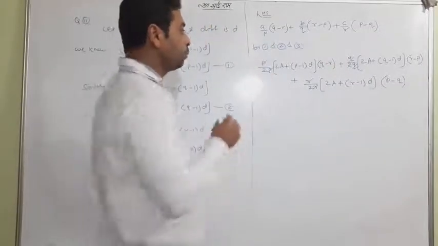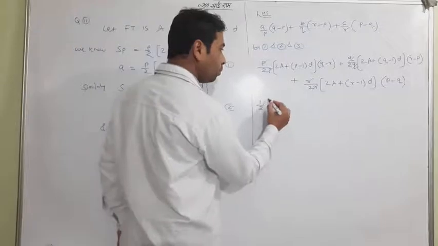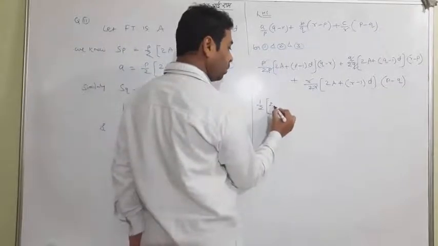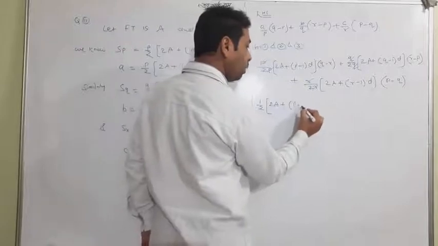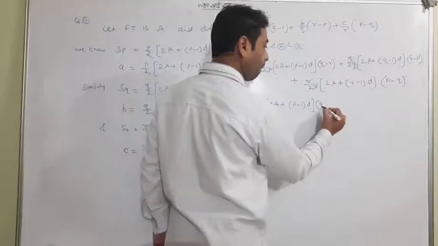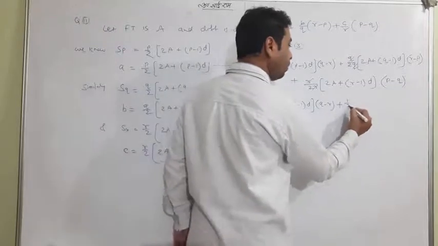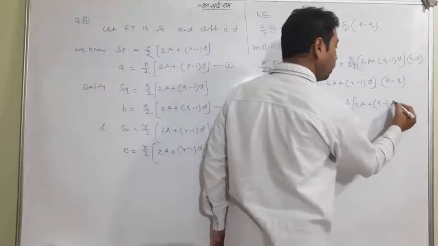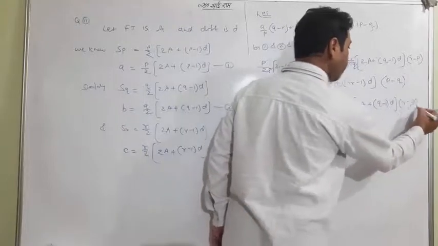Now I'll have 1 by 2 into 2A plus p minus 1 into D into q minus r. I'll have 1 by 2 into 2A plus q minus 1 into D into r minus p.